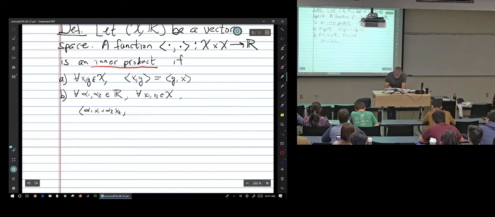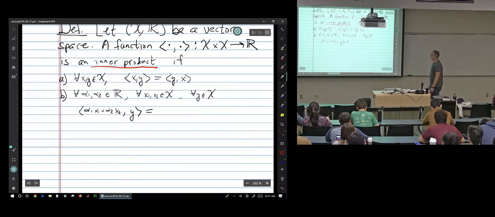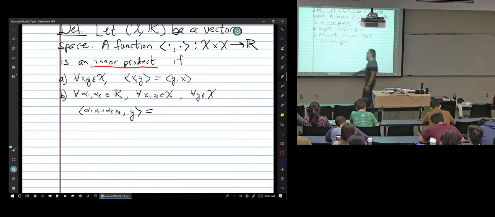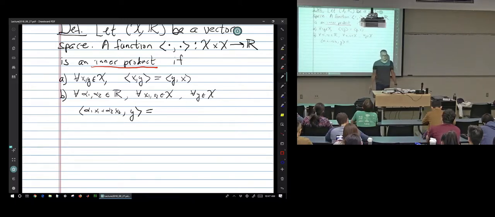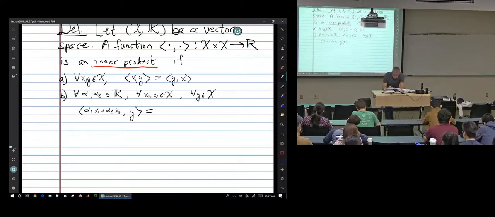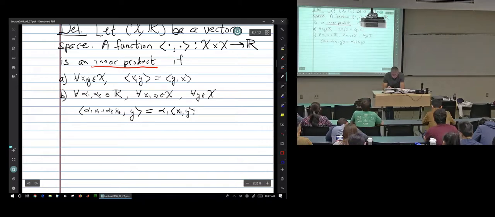Oh, and I need another y in x, sorry. There we go. So I take pairs of scalars, pairs of vectors, and then another vector, so 3 vectors. I do a linear combination on the left. I take its inner product with y. It has to be linear. So it has to be alpha 1 inner product of x1 with y plus alpha 2 inner product x2 with y.